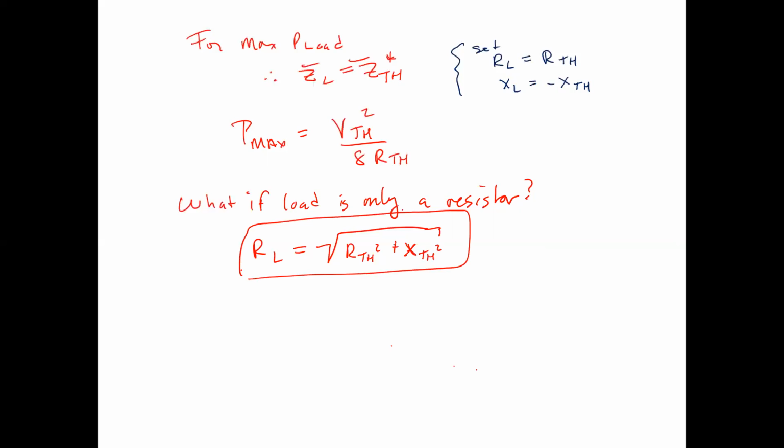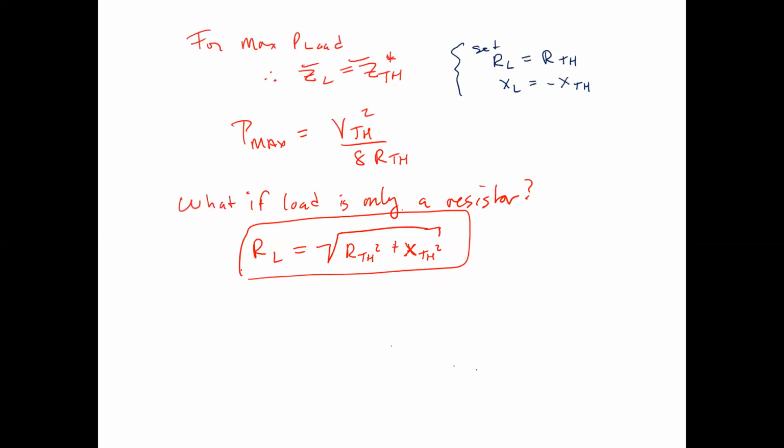So if you have the option of setting a load to anything you like to get the maximum power to your load, you could choose the conjugate of the Thevenin impedance of the circuit as your load, and you can, in many cases, do just that.